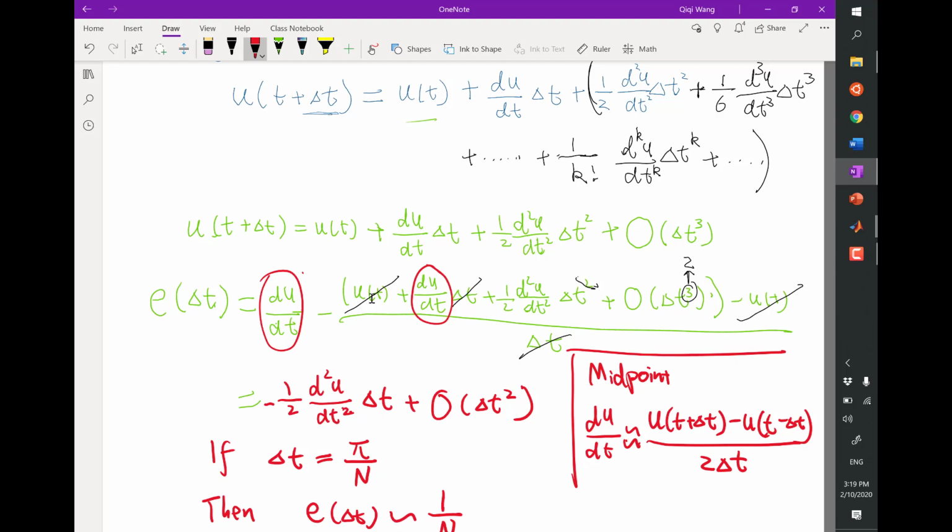So anywhere there's a delta t, half of them cancel and half of them are two.